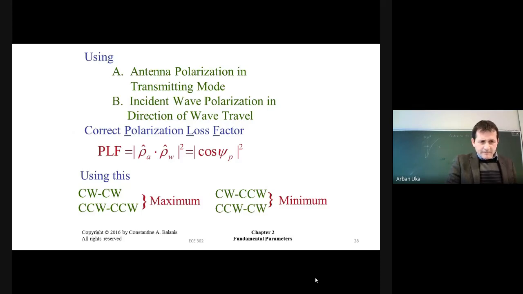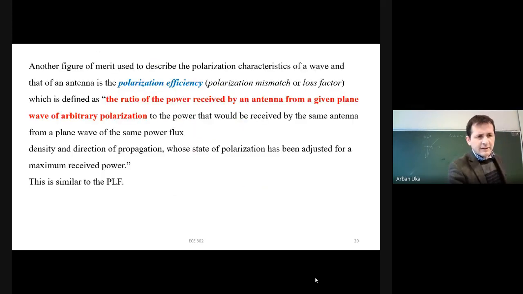And here we can see that the PLF, the polarization loss factor, can be analyzed whenever we have clockwise or counterclockwise polarization between the respective directions of the wave and of the antenna.